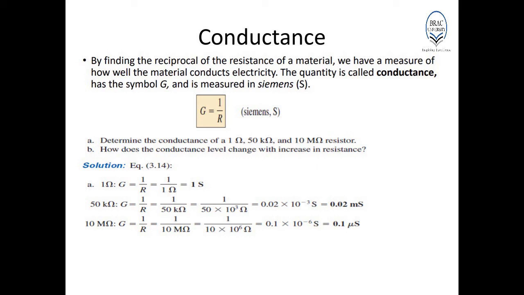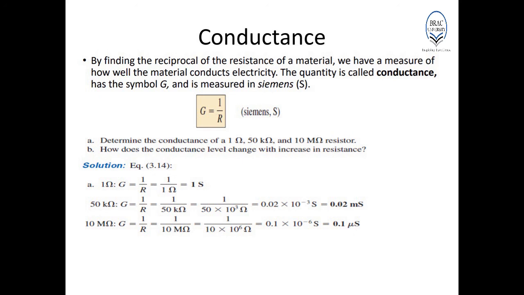In the next problem, we have been asked to determine the conductance of a 1 ohm, 50 kilo ohm and 10 mega ohm resistor. We have also been asked to deduce how the conductance level changes with increase in resistance.